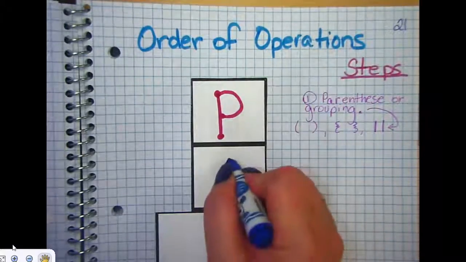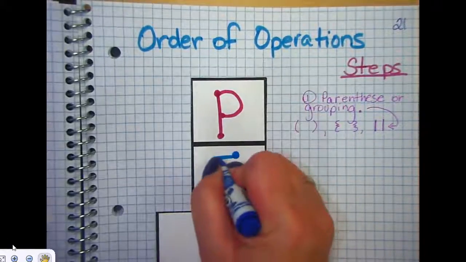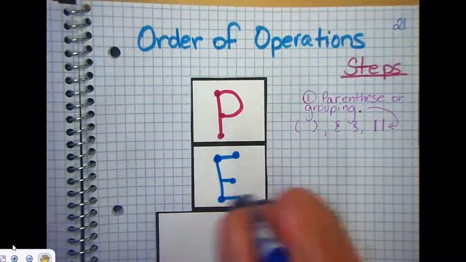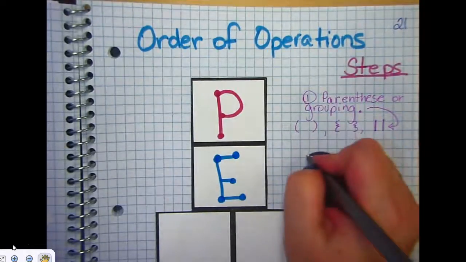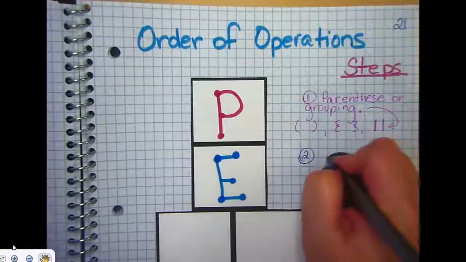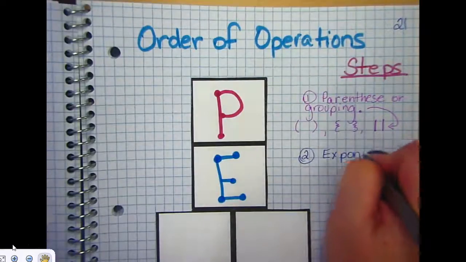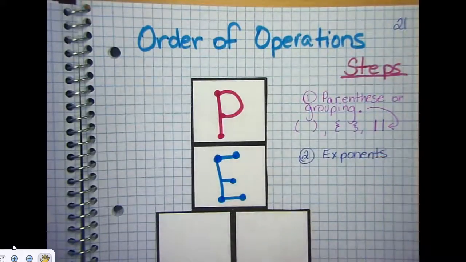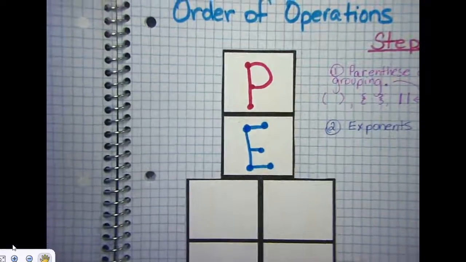After that we have exponents. Step 2, you solve exponents. What's next? Multiplication and division.